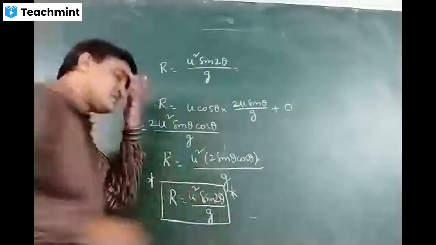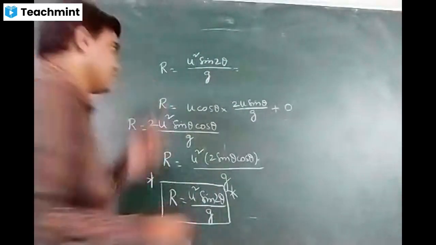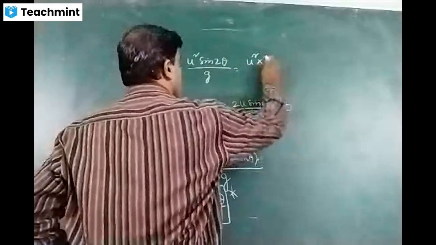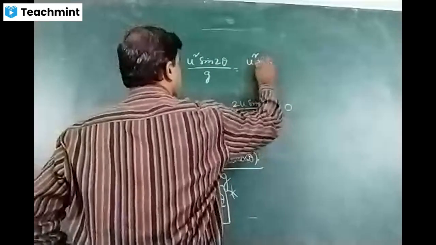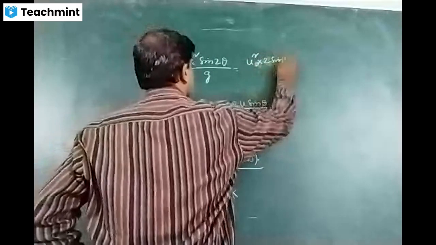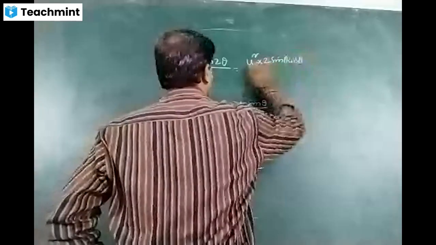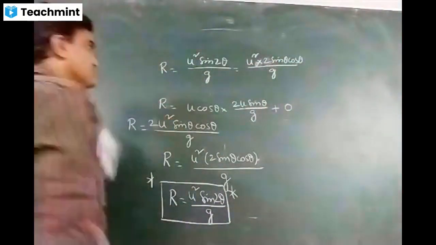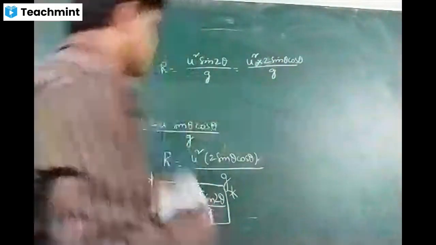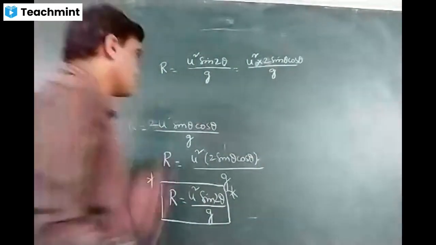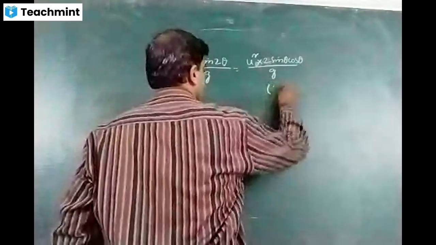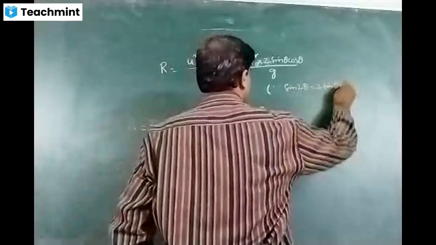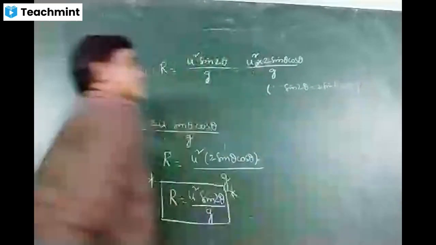If I expand this again, I can write u² into 2 sin θ cos θ by g, because sin 2θ is equal to 2 sin θ cos θ.